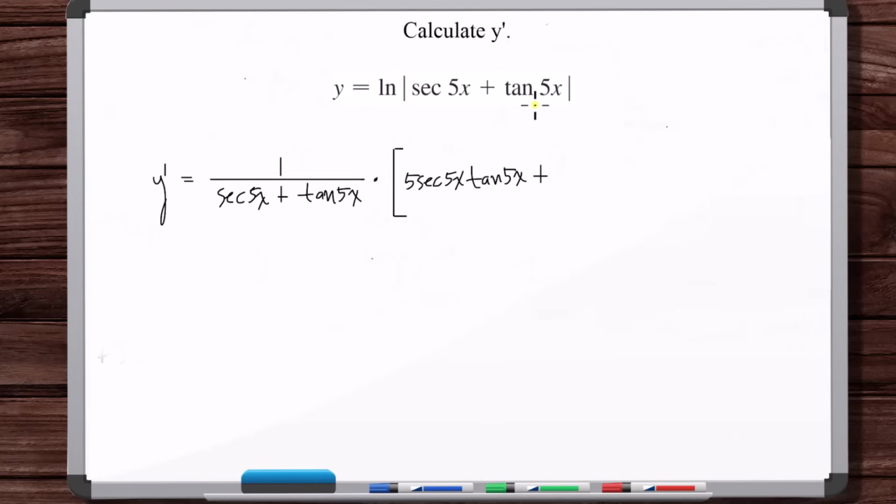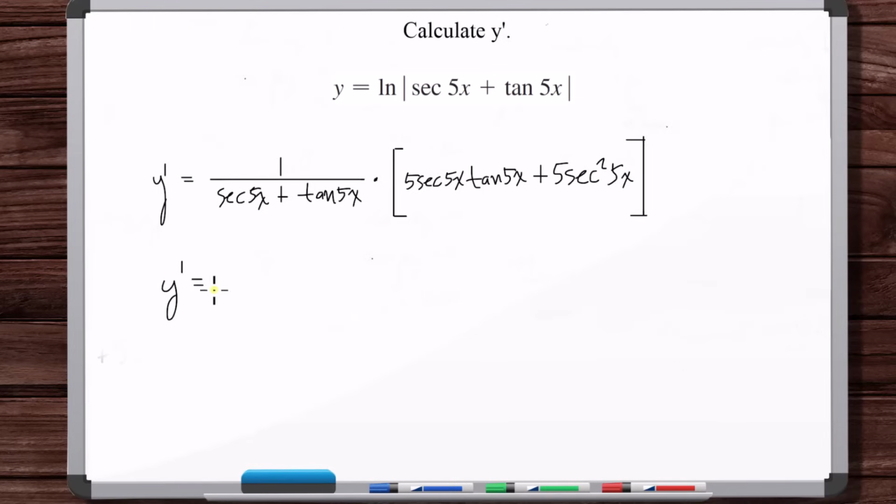Okay, derivative of tangent 5x. Chain rule again. What is the derivative of tangent of something? That's secant squared of that something, times the derivative of that something. Derivative of 5x is 5. All of this is multiplying this here.